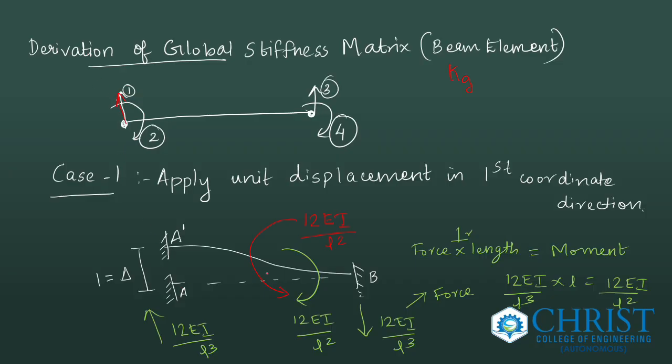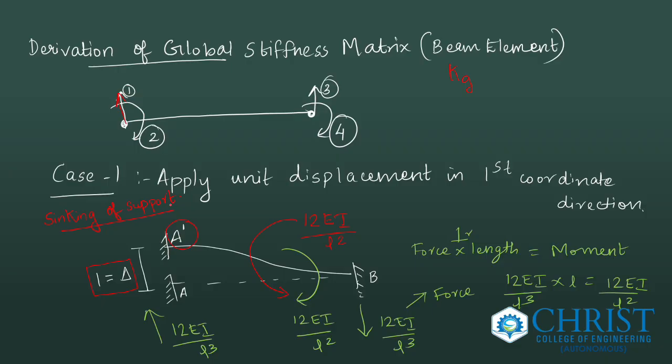That means the AB beam has displaced to the position A dash, producing a displacement delta equal to 1. Okay, so what happens? This is a case of sinking of support. Due to sinking of support, instead of the position A, it has changed to A dash.